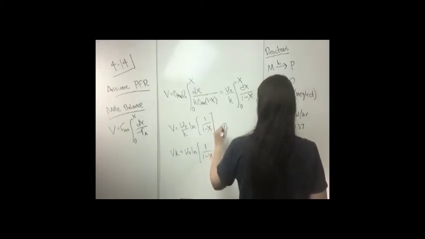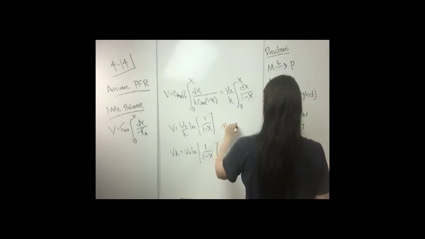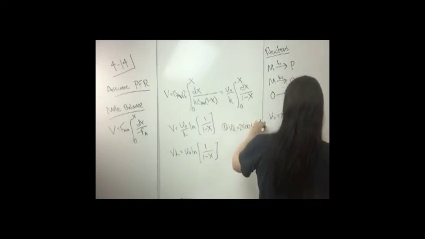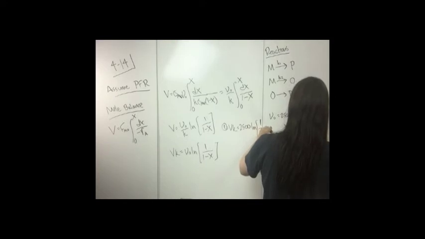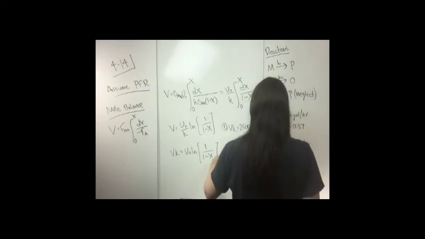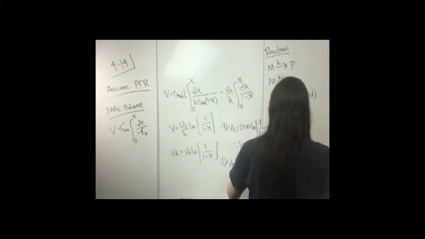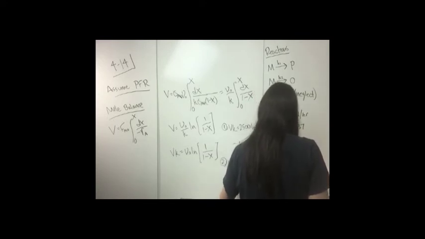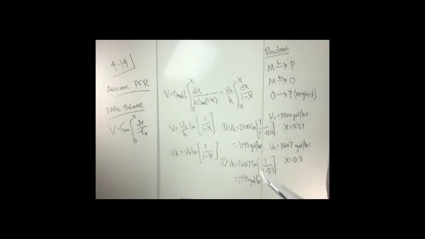So for number 1, we have that Vk is equal to V naught, which is 2500, multiplied by natural log of 1 over 1 minus 0.37, and that's equal to 1155 gallons per hour. And for number 2, we have Vk is equal to 1667 multiplied by natural log of 1 over 1 minus 0.5, and that's also equal to 1155 gallons per hour. So we know that it's a PFR.